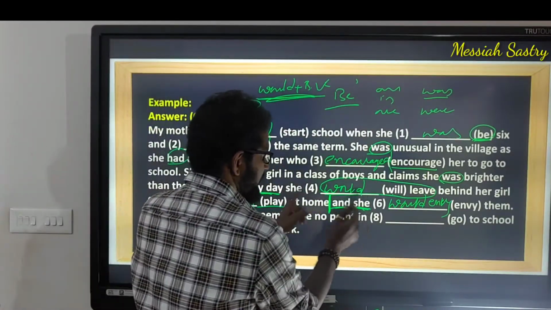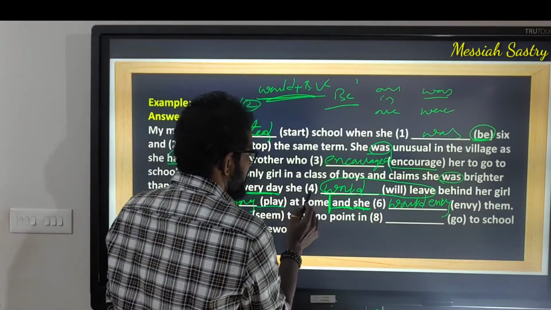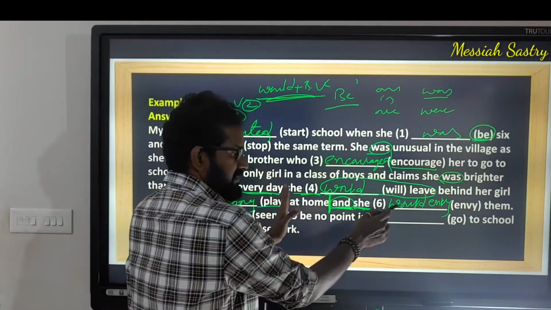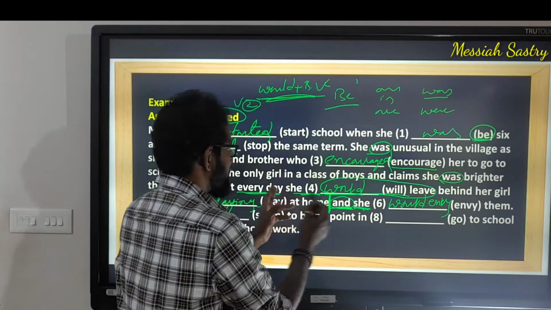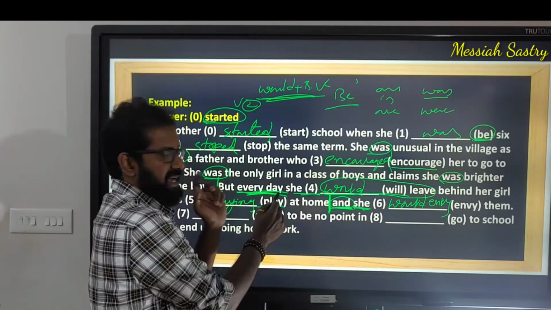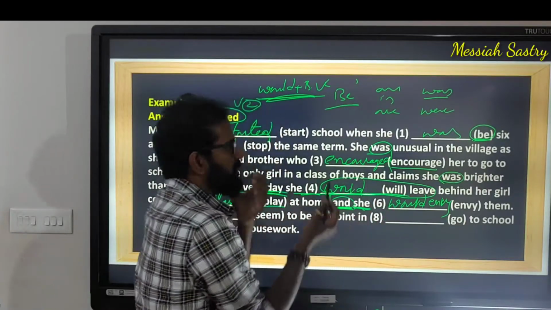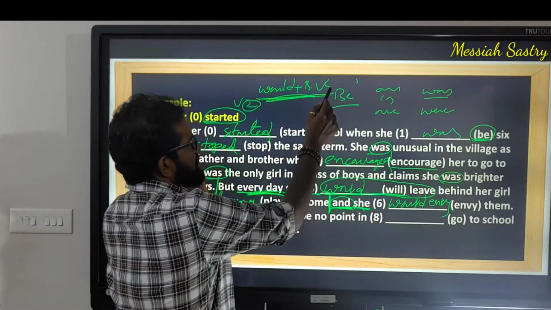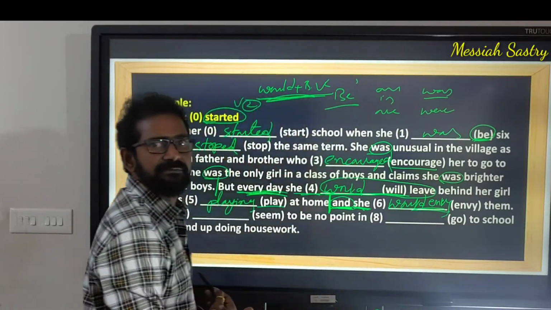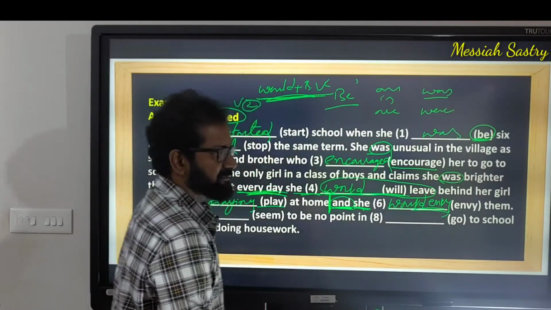These two clauses are combined using and, two main clauses. For past habitual actions we are supposed to write would plus base form. So you must be very careful when past habitual actions come.